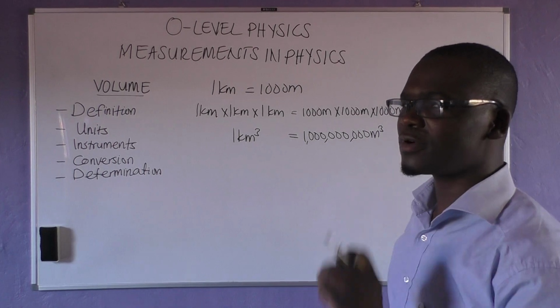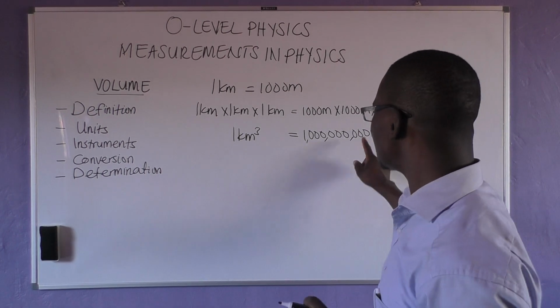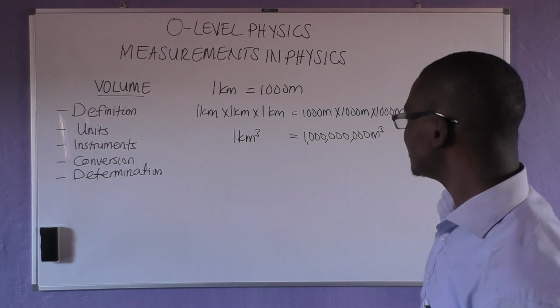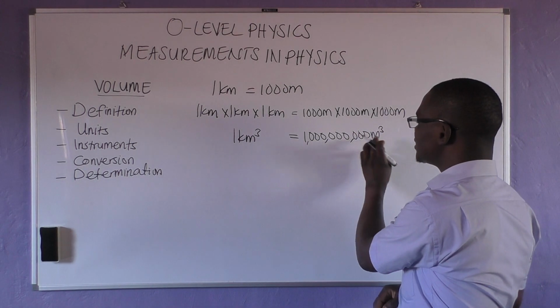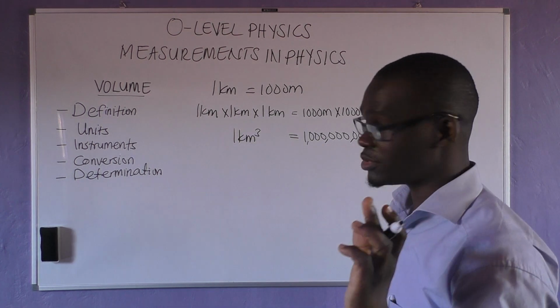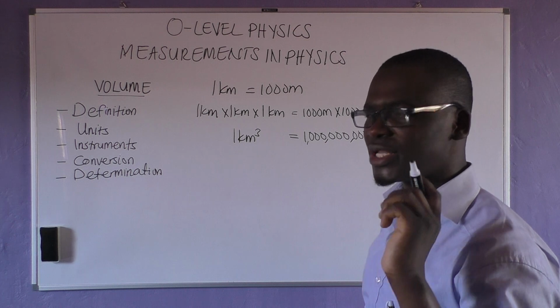Then, what if I'm converting from meter cubed to kilometer cubed? Since 1 billion meter cubed is equal to 1 kilometer cubed, what about 1 meter cubed?